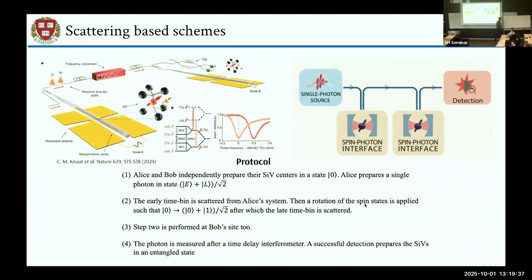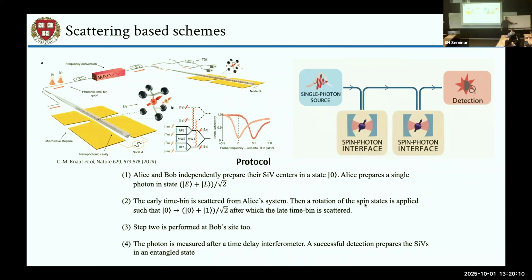Now I'm going to scatter the late one. So what happens? Well, for the early time bin, nothing happens, right? Because that already scattered. So I still have early plus. For the late thing, I need to make sure that, well, if I scatter from 0, I get a phase. If I scatter from 1, I don't. So what I will get is basically this, right?